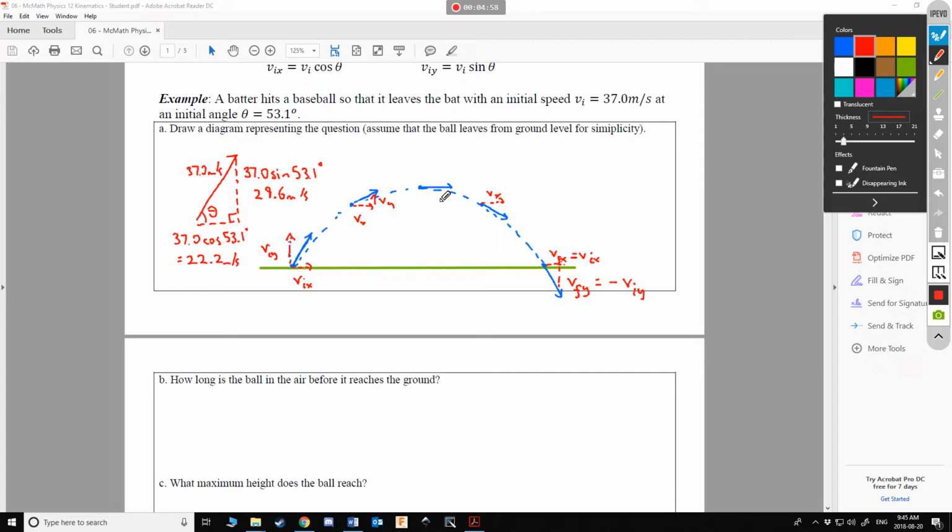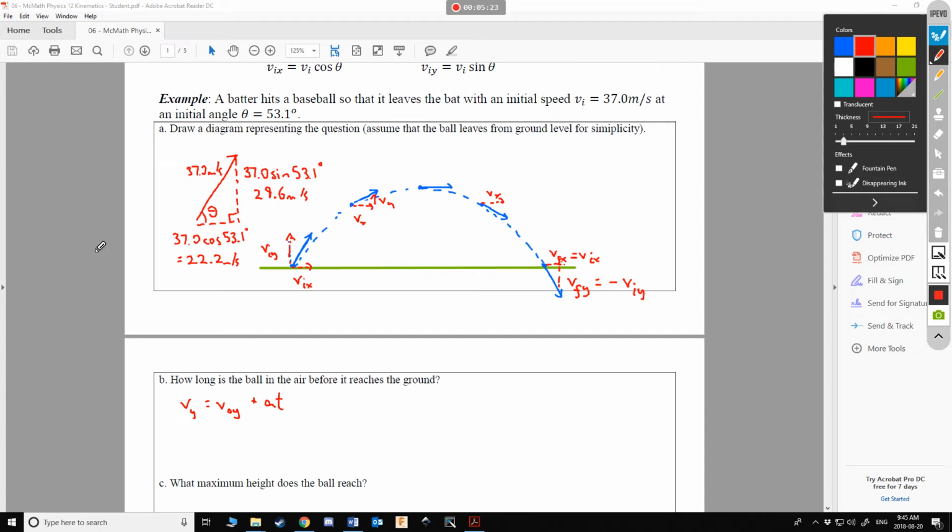So here's question B. How long is the ball in the air before it reaches the ground? We can use the equation vy equals v0y, or viy, plus at.